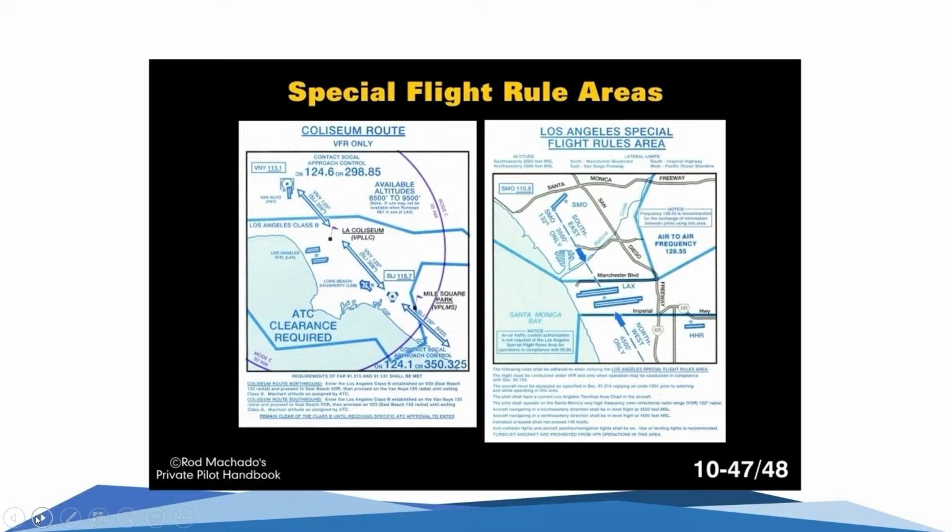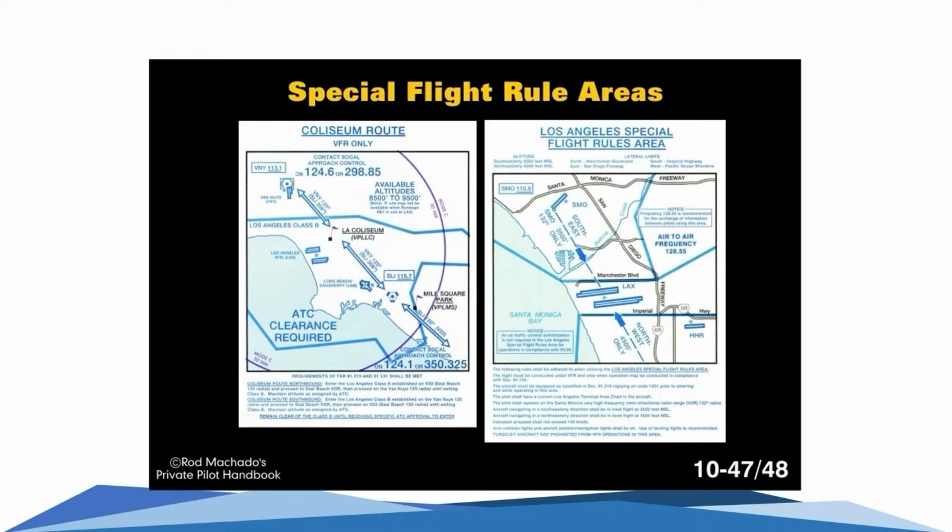All right, the last one before we get into our airspace conversation here is going to be your special flight rules. Your special flight rules are certain areas throughout the country where there's a little bit different operation or special or unique operations that have to occur in order to get in and out of whatever the airspace is.